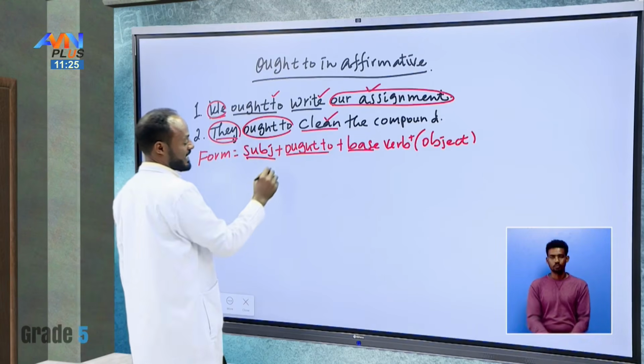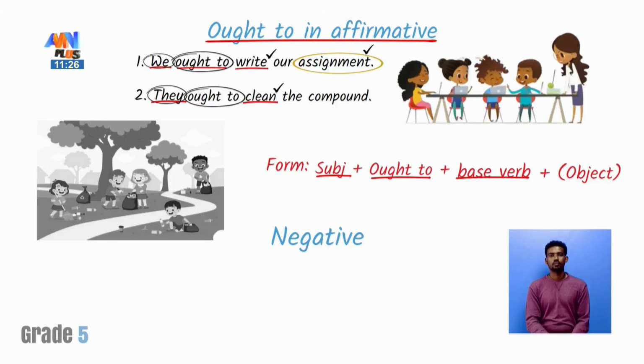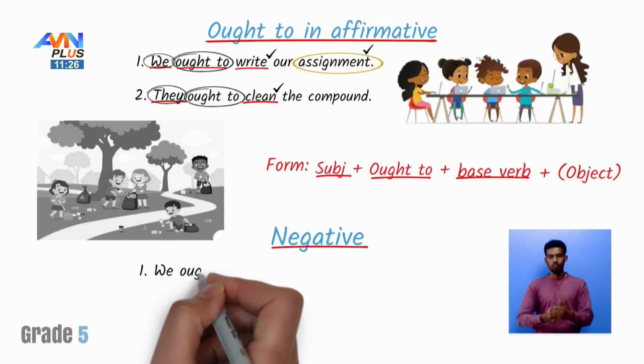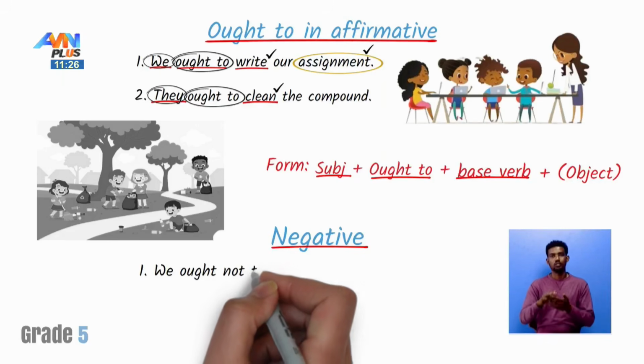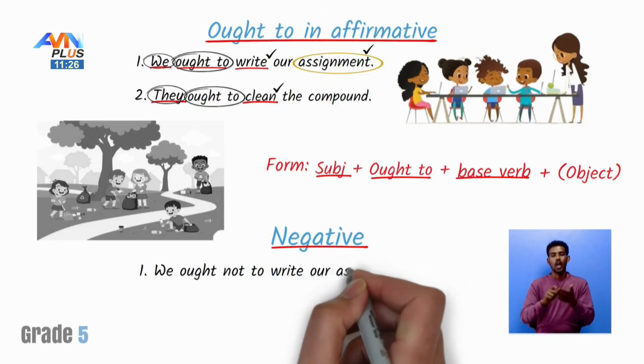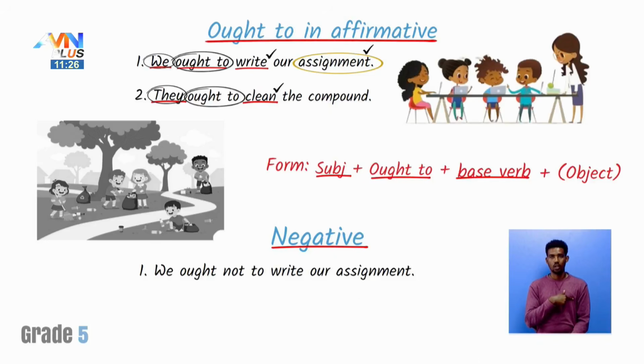Ought to in negative sentence. Maybe we can change this one into negative form to make it more clear. For example, number 1: we ought to write our assignment. We ought not to write our assignment.